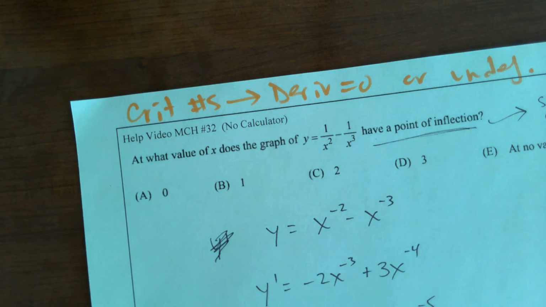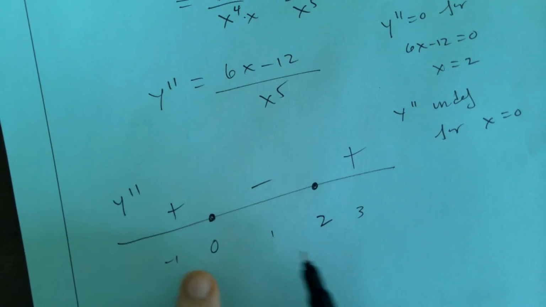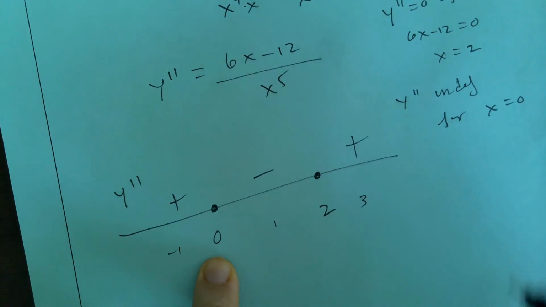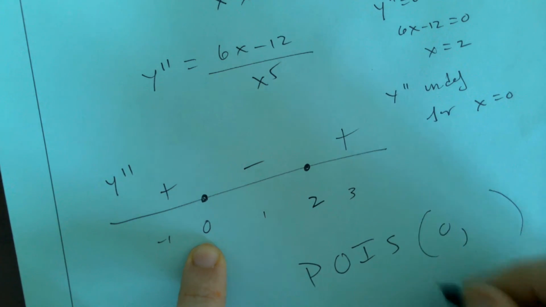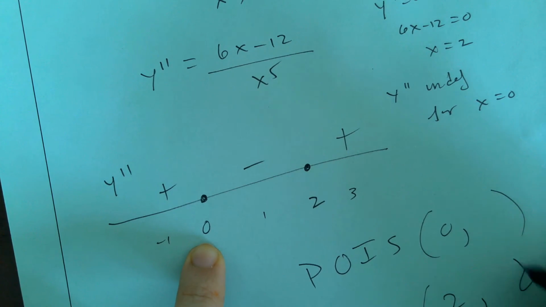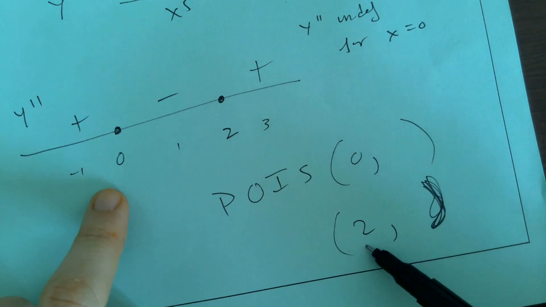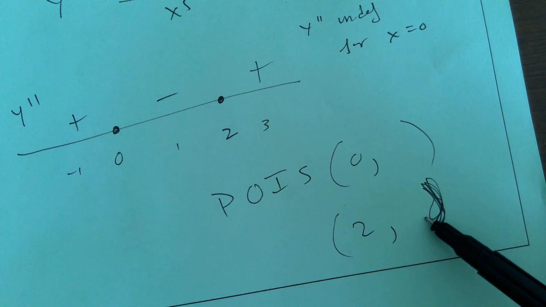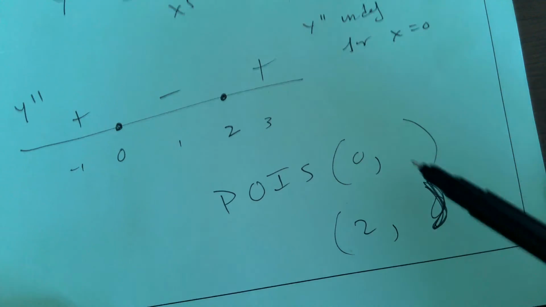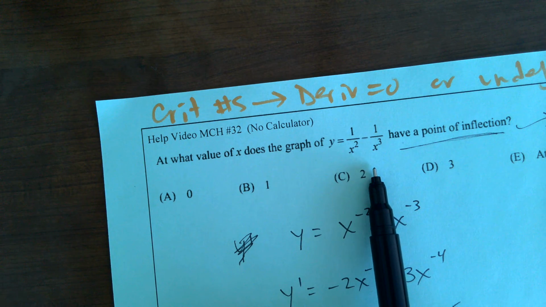But guys, here is the thing. Say you were finding the points of inflection. You know that they're going to be 0 comma something and 2 comma something. Where would you plug 0 and 2 in to get the y coordinates? Guys, points of inflection are on the original graph. So you would plug these critical numbers into the original to find the points of inflection.